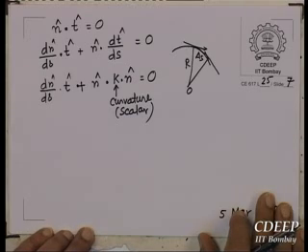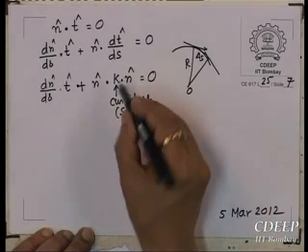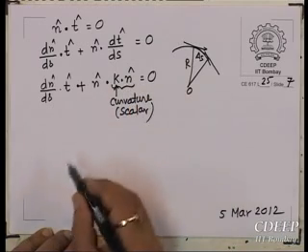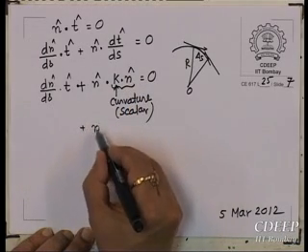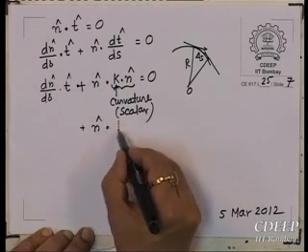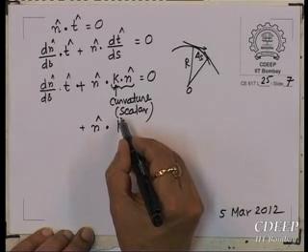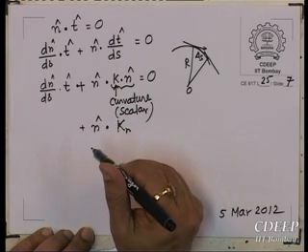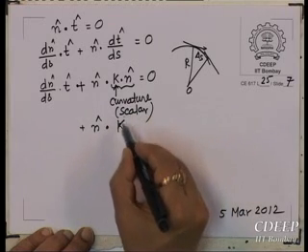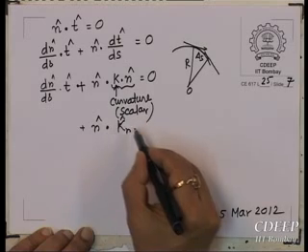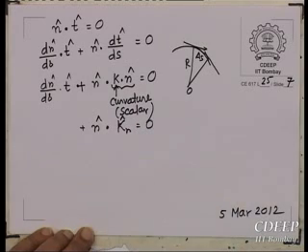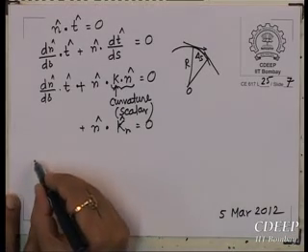And so kn, this total thing, is also written as n dot kn vector.